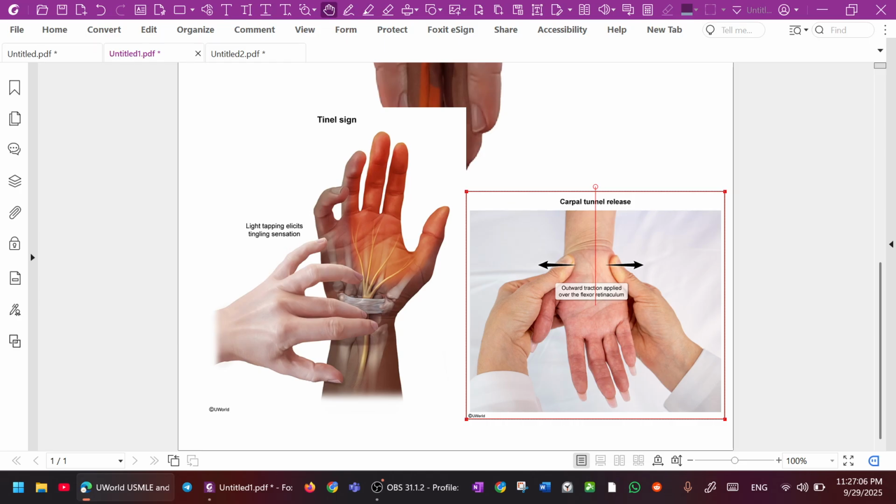And the third is cubital fossa injury. The median nerve passes through the cubital fossa where it is susceptible to penetrating or mechanical trauma, laceration, supracondylar fracture.